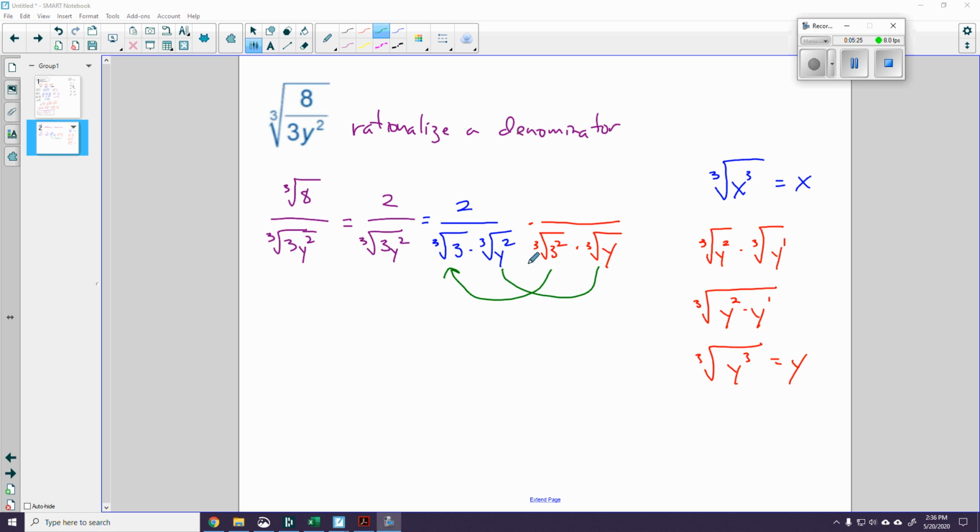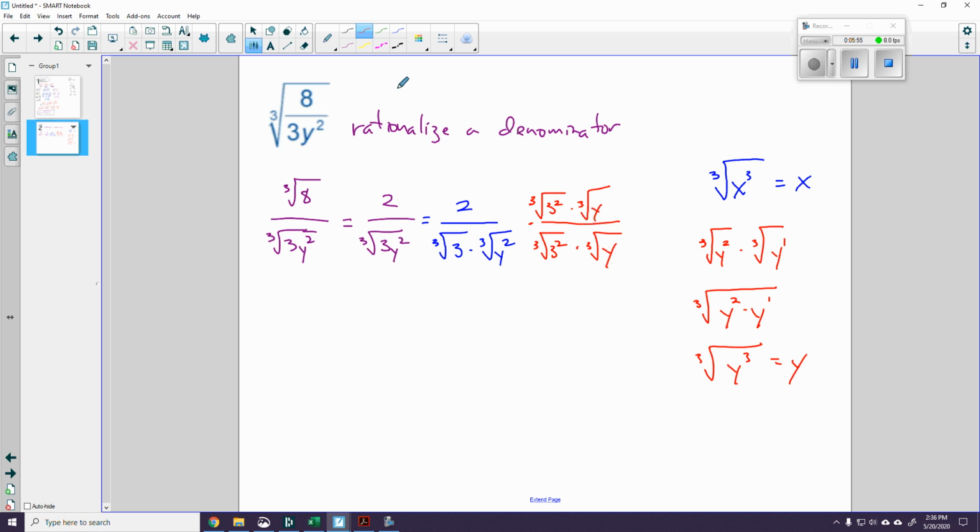So that's why I'm going to multiply these two things times this denominator here. But I can't just multiply the denominator because I feel like it. If I do something to the denominator, I have to do it to the numerator. So really, I'm going to multiply my numerator by the same thing, the cube root of 3 squared times the cube root of y.